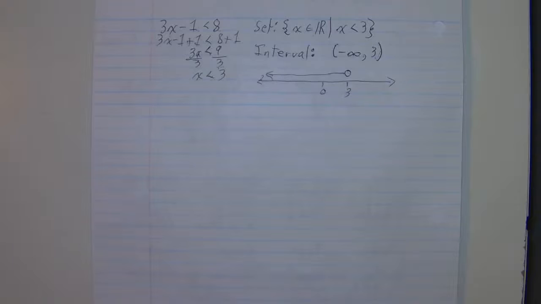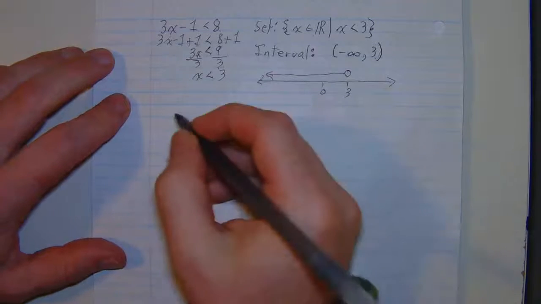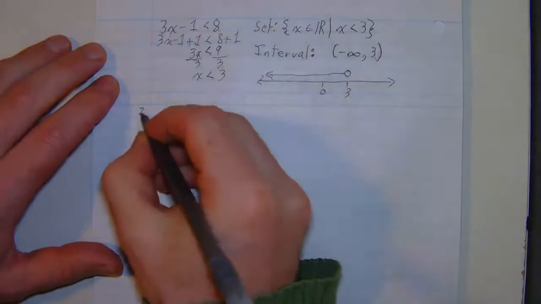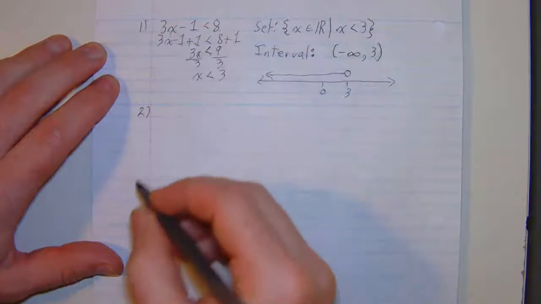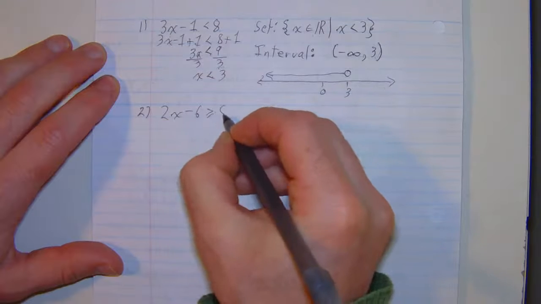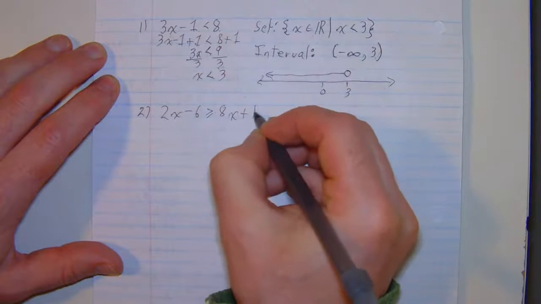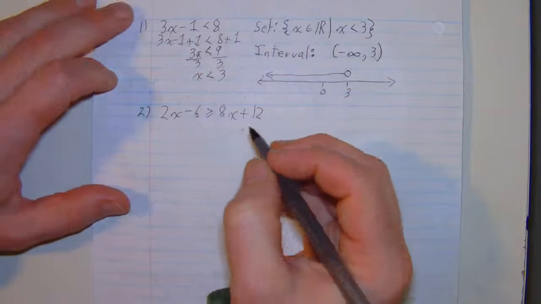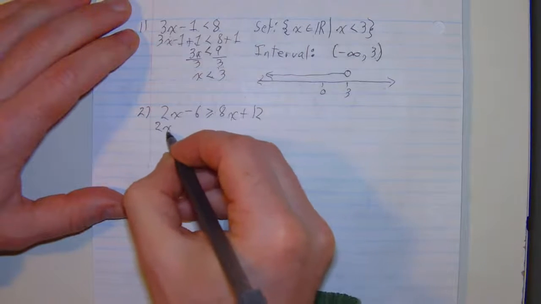Okay. So let's look at a slightly more complicated one. Question 2 here. We have 2x minus 6 greater than or equal to 8x plus 12. And so I'm going to add 6 to both sides.